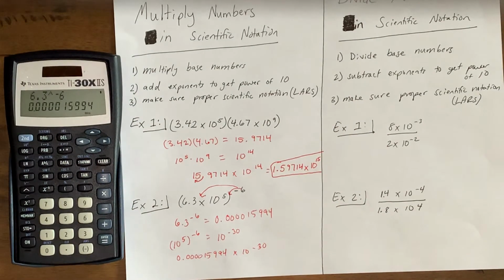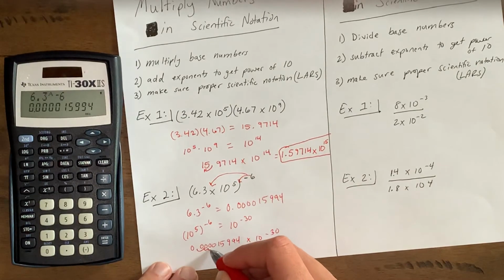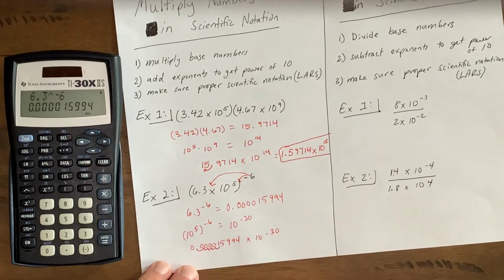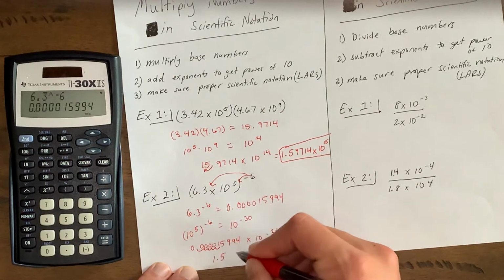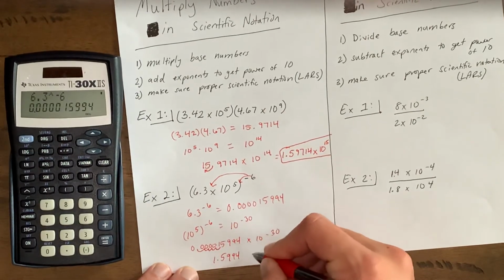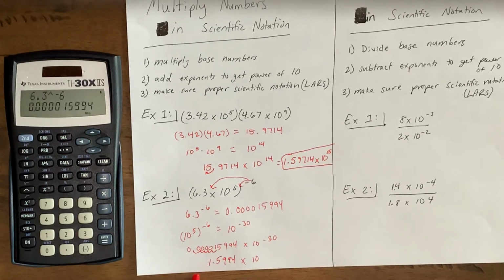Okay, check to see if it's in proper scientific notation, and it is not. So I have to move my decimal, and this time I'm going to the right, and I've got to move it 1, 2, 3, 4, 5 times. Because remember, I want my decimal to be after the first digit that's not 0. Okay, so this becomes 1.5994 times 10, and I went to the right 5 times.